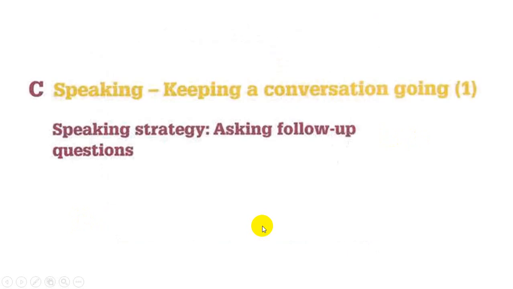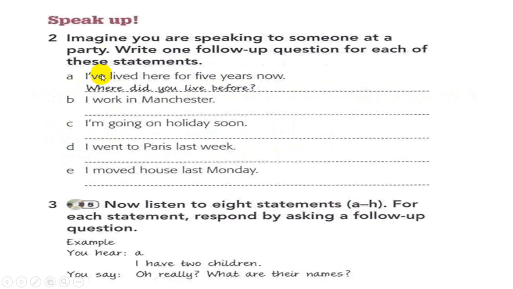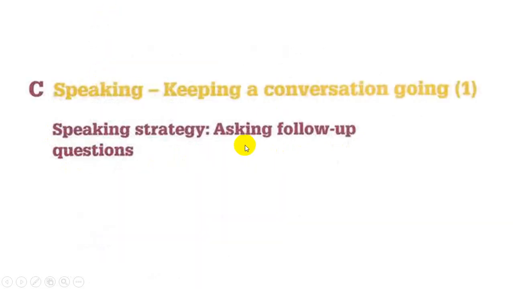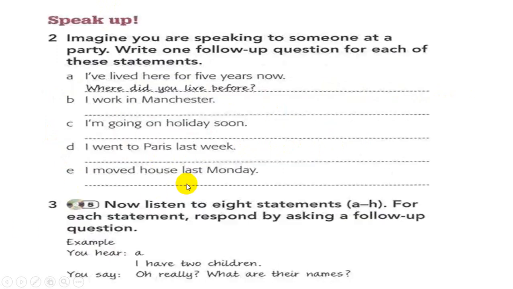So now let's move to the speak up, which is the core of our study. Imagine you are speaking to someone at a party. Write one follow-up question. Now, the speaking strategy is to ask a follow-up question. What is the next question you can ask in order to keep the conversation going?